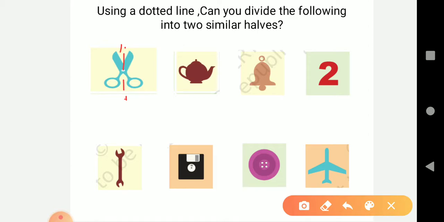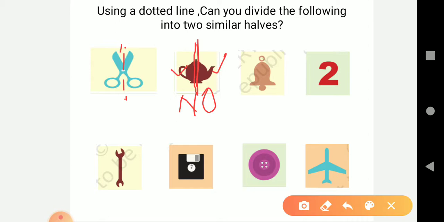So it is two similar halves. Can you divide the kettle into two equal halves? No, because this side and this side are both different. That's why the two parts are not the same, so it is not divided into two equal halves.